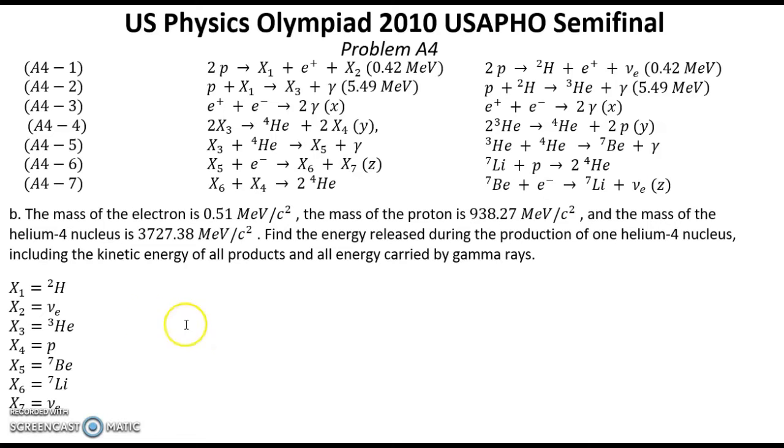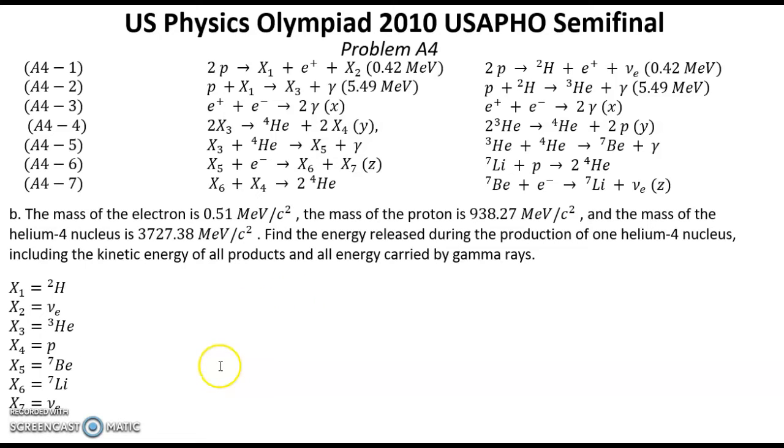Question B. The mass of electron is this one, the mass of proton is this one, and the mass of the helium-4 nucleus is this one. Find the energy released during the production of one helium-4 nucleus, including the kinetic energy of all products and all energy carried by gamma rays.